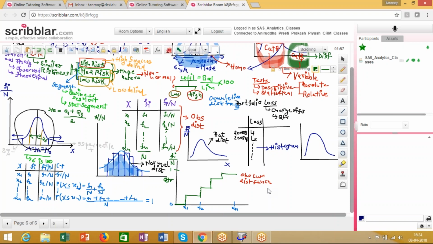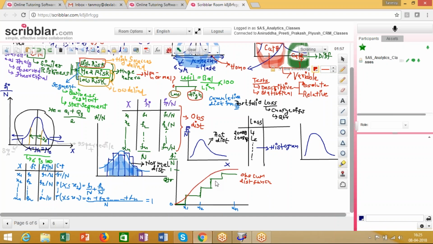Similarly, a theoretical cumulative distribution function can be generated from the PDF of the normal distribution. That is plotted as something like this.